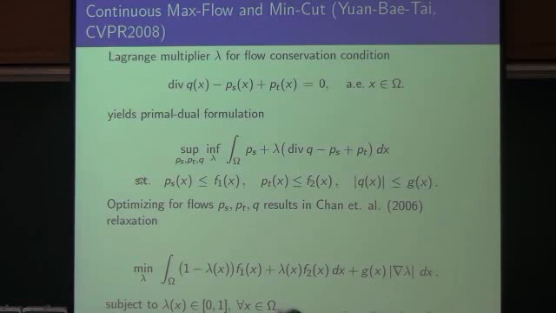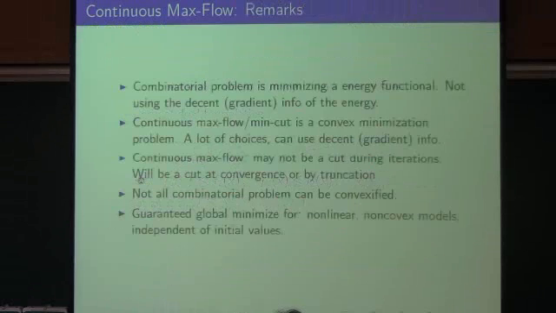Especially for people working with minimization, a lot of people may be very familiar with these kinds of problems. You may explore a lot of possibilities. So here I'm trying to emphasize the meaning of this approach. The combinatorial problem is minimizing an energy function, not using the descent information in the energy.